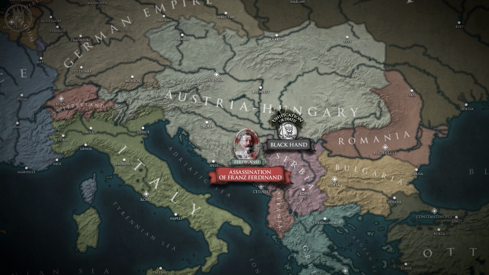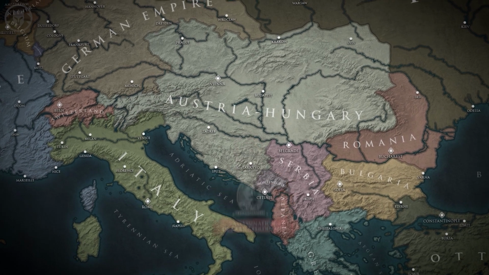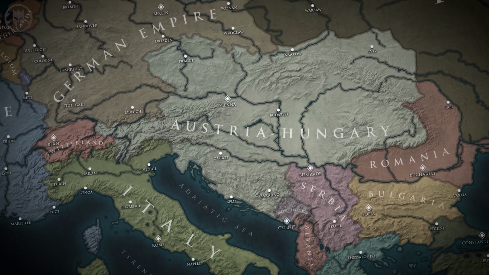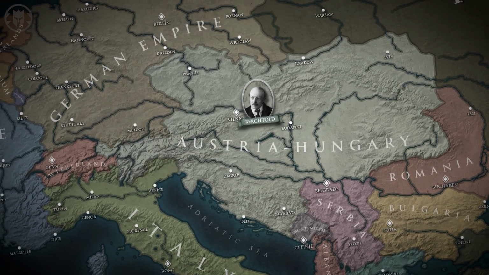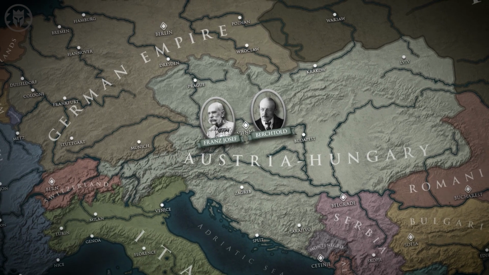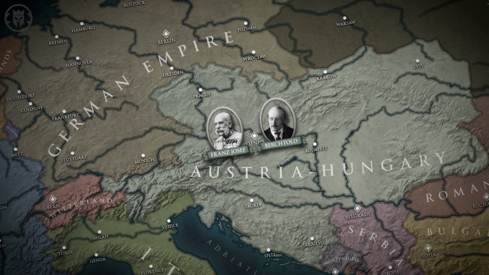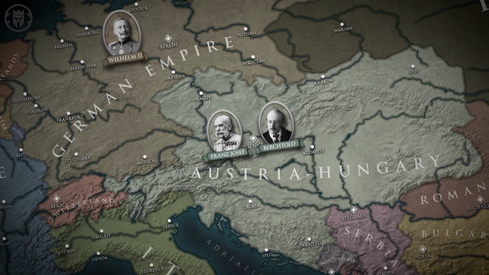A large debate raged between the elites of the empire, but by June 30th, Austro-Hungarian Foreign Minister Count Leopold Berchtold and Emperor Franz Josef agreed that the policy of patience with Serbia had to end, and a firm line was to be taken.